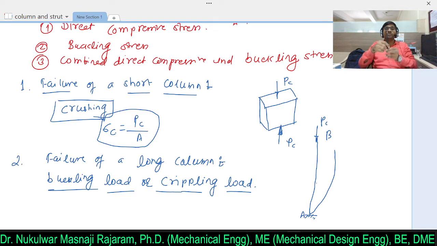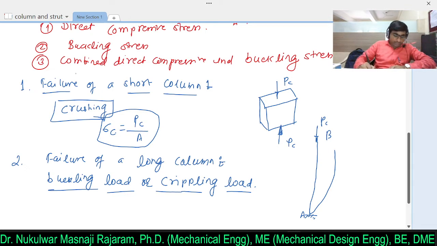That load is known as the crippling load, and obviously the crippling load will be less than the crushing load. For a short column it is relatively very high.